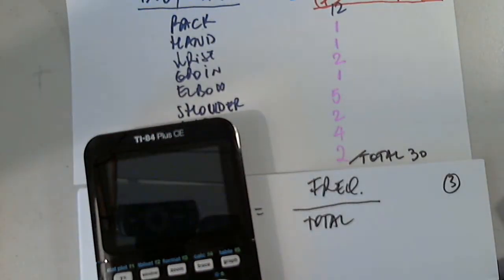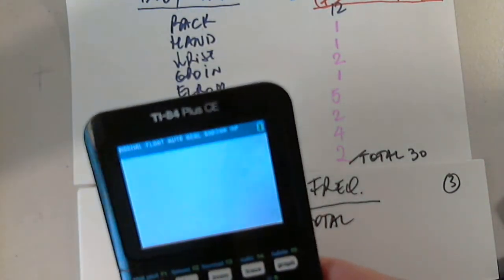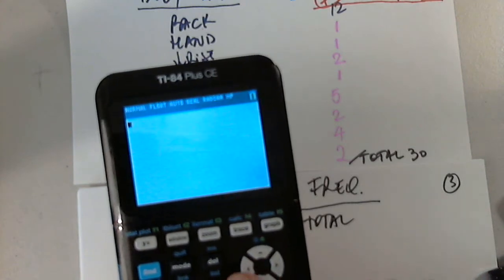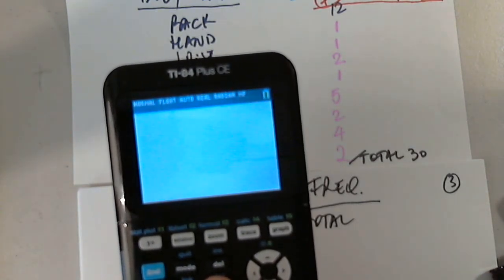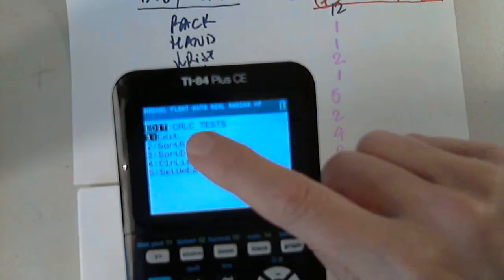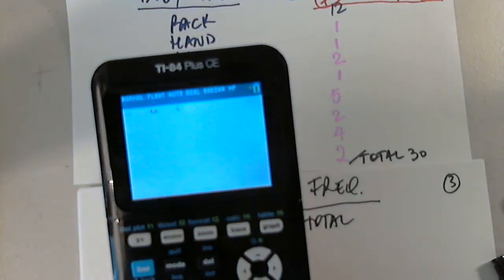Ready? Let me know when you're ready with a graphing calculator. Let's go to STAT. You see the word edit is already highlighted. Just press enter.